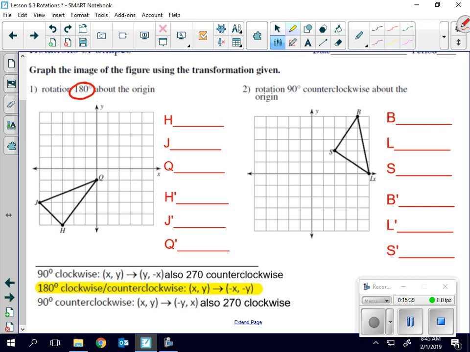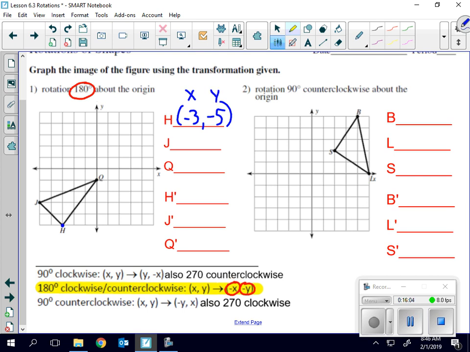So our x just gets made opposite and the y gets made opposite. So let's write down our original coordinates. H, over here. H is down here. That looks like -3 and -5. Right, this is my x, this is my y.